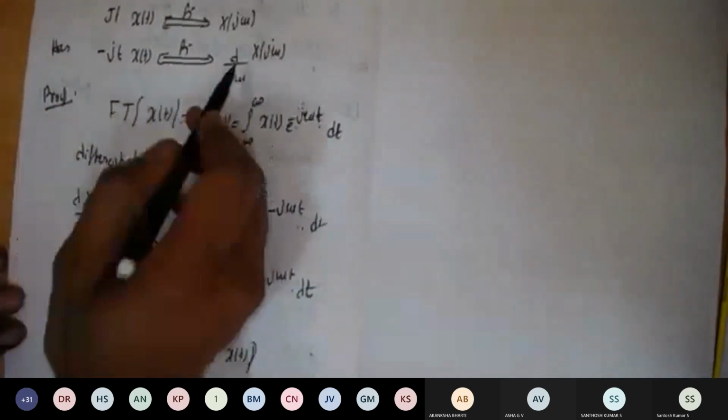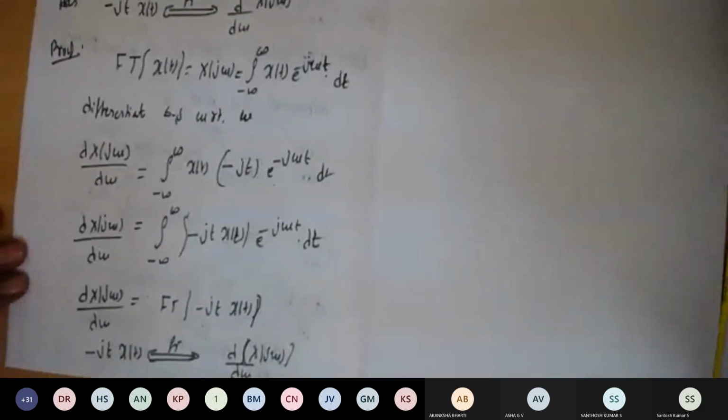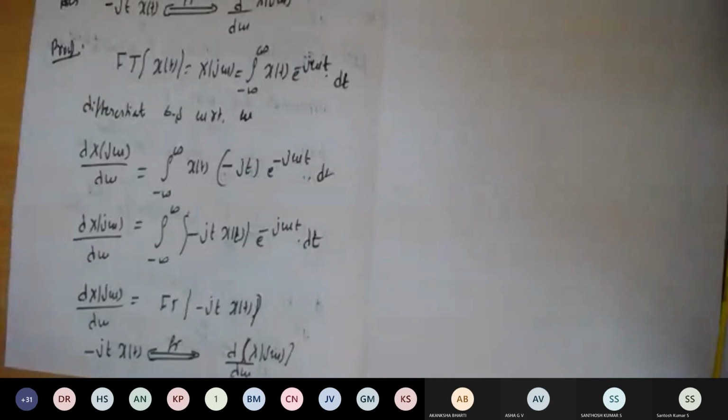So minus j t into x of t, in the frequency domain, is the differentiation of X of j omega. This property is called the frequency differentiation property.